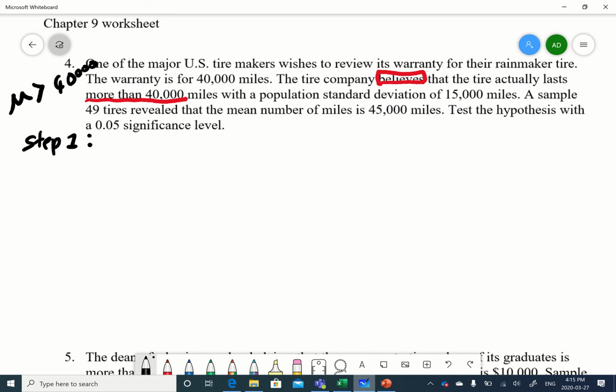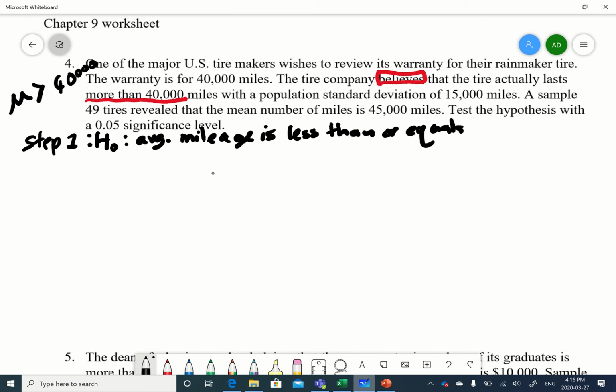So H naught should be less than or equal to. So H naught: average mileage is less than or equal to 40,000.